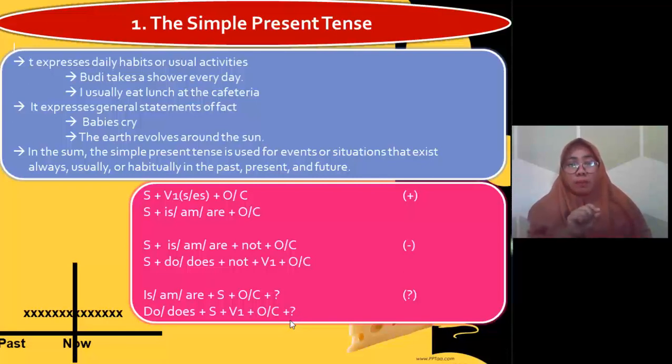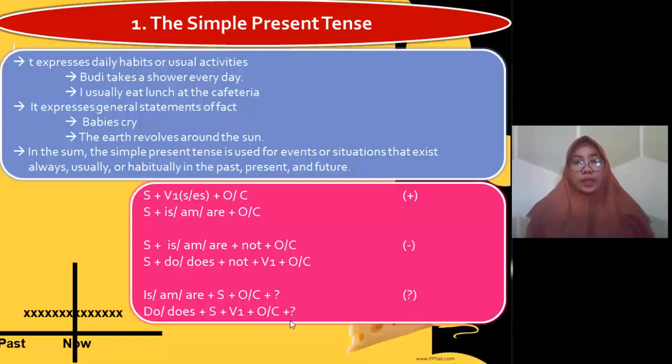Putri is singular, so the pronoun is she. So the verb must take s or es. Because the verb is come, you just put s, not es. So your sentence becomes: every day Putri always comes to Miss Chika's house. That's for the positive.